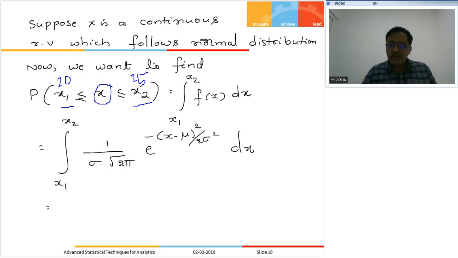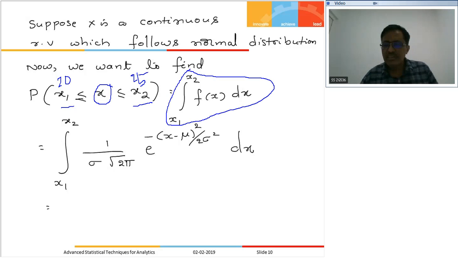But here, because it is a continuous random variable, we can't do the summation. Instead, we have to go for integration, the integral from x1 to x2 of f of x dx. There it is the summation of p of x, here it is the integral from x1 to x2 of f of x dx.